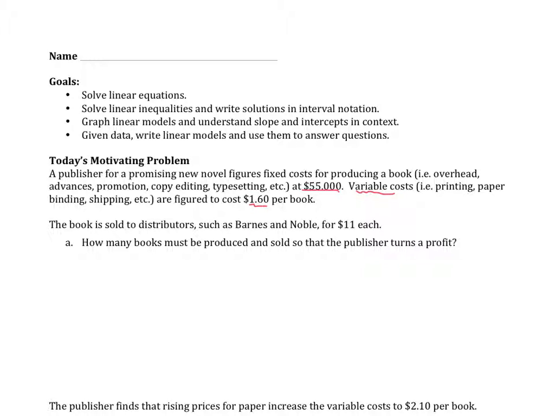And so we decided in class that one way to approach this problem, and what I like to remind you here, is how to do a cost model. For the cost model, what we discussed in class today was that we were going to let X represent the number of books produced.